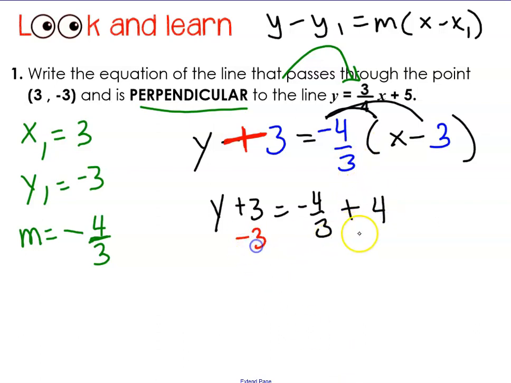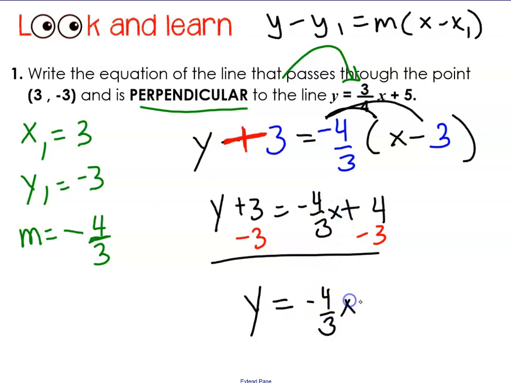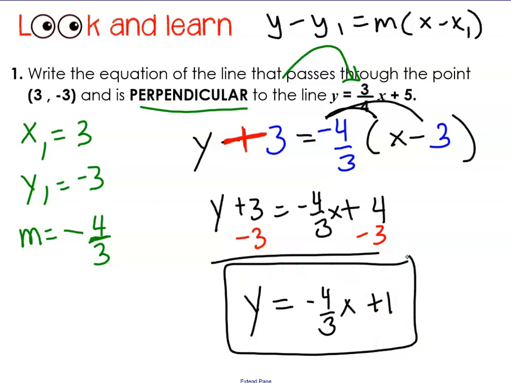Use a little subtraction property of equality. And, oops, I forgot my letter x. And voila! There's the equation of the line that's perpendicular to 3/4 x plus 5 and passes through the point of 3, negative 3.